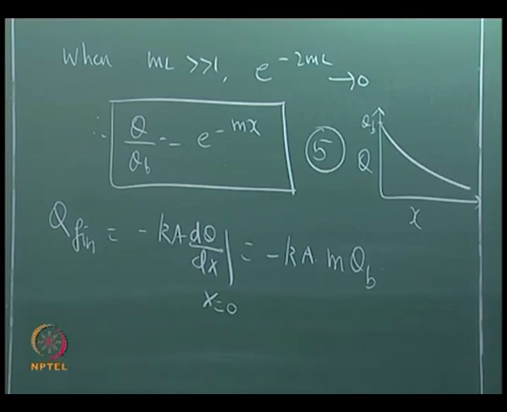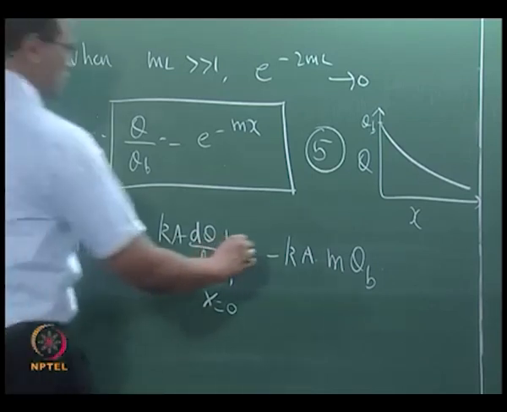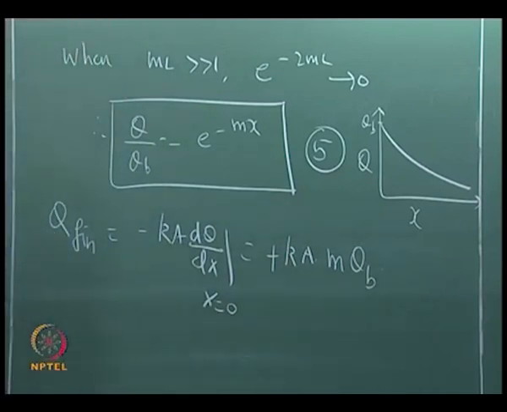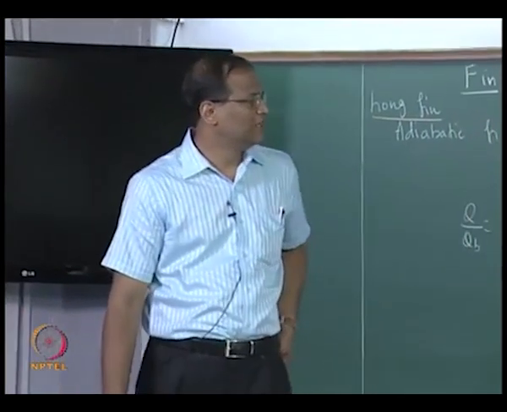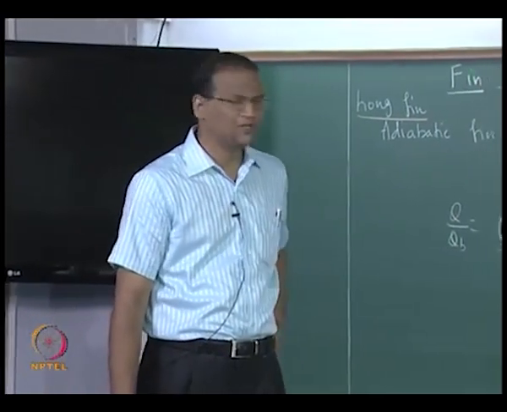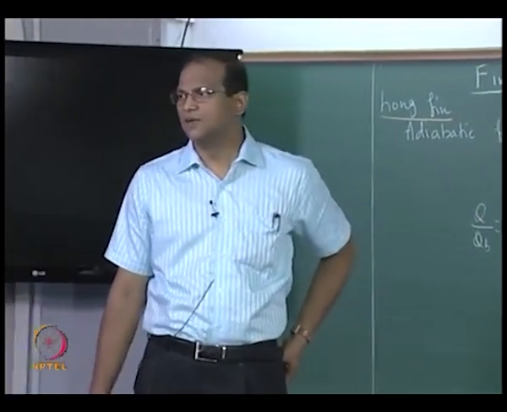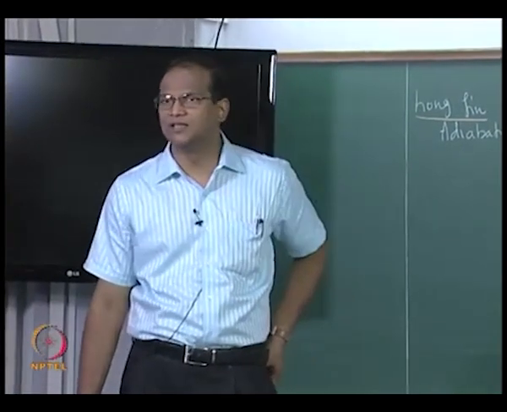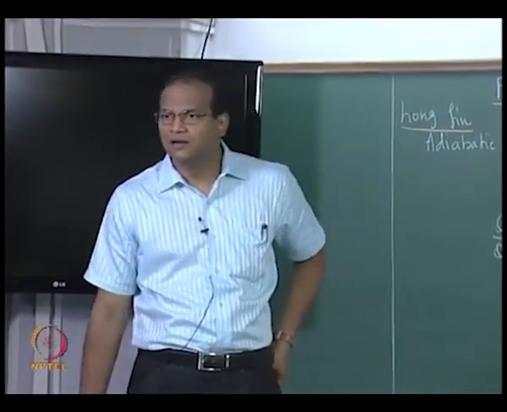So this minus and minus will get cancelled, so we will get plus. K has units of watts per meter per Kelvin, A is meter square and m is 1 per meter. So there is a 1 per meter in K, a 1 per meter in m, and a meter square in A, so the meter square gets cancelled and the whole expression is in watts.